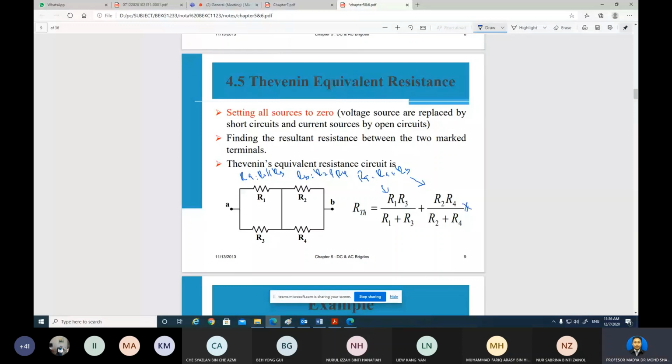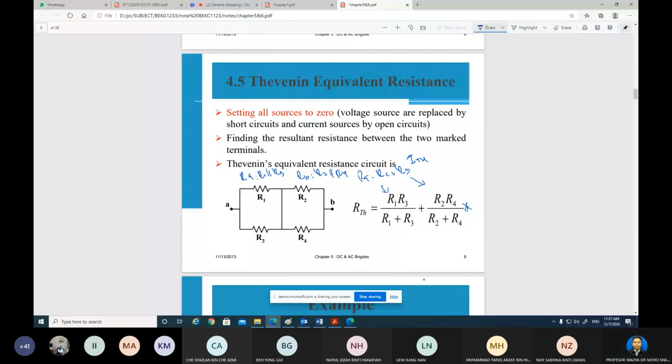First, the Thevenin voltage. Second, the Thevenin resistance. Then you can get the Thevenin current. Since we know the Thevenin voltage and the Thevenin resistance, we can calculate the Thevenin current.